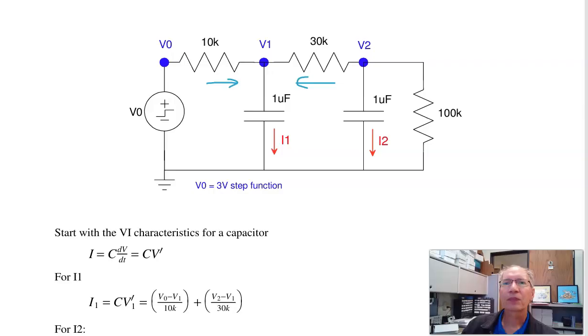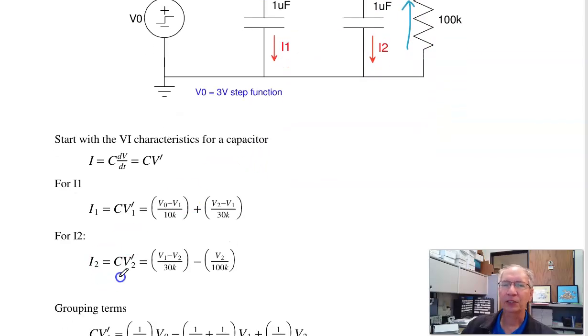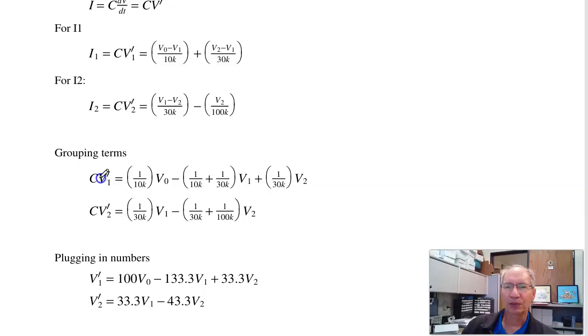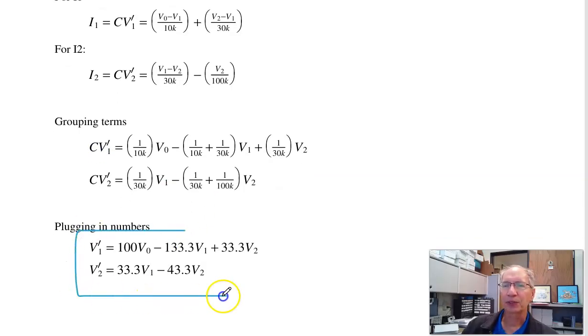I2, similarly, is the current from the left, (V1 minus V2) over 30k, plus the current up, (0 minus V2) over 100k. That is I2, and that also is C dV dt. So grouping terms, plugging in C, dividing, simplifying, gives you numbers. These are the differential equations that describe this circuit.